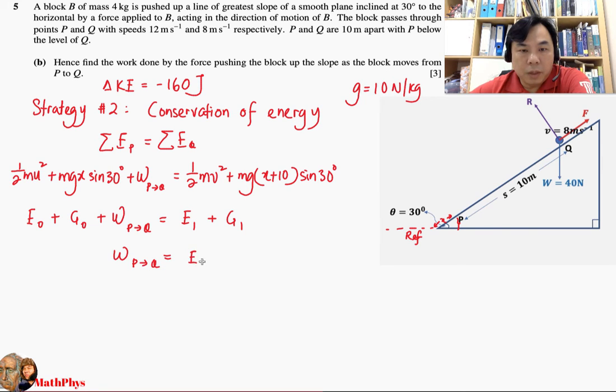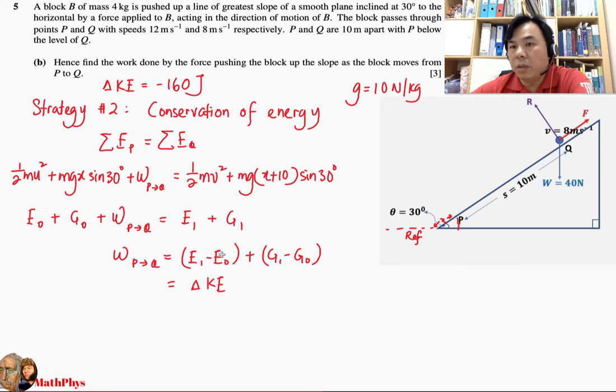I will get my E1 minus E0 and then sum up with G1 minus G0 here. So you can see that this is basically change in kinetic energy.